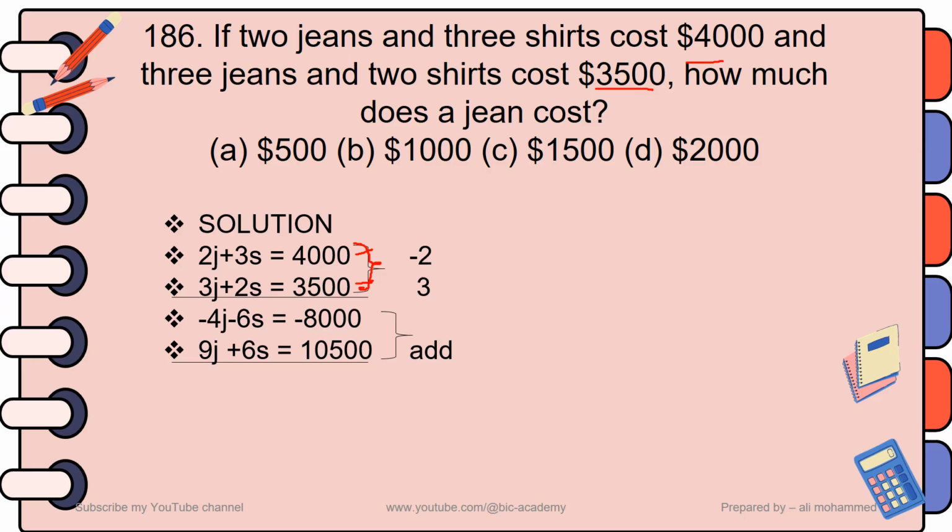10,500. Now add these two equations together. Minus 4J plus 9J is equal to 5J, and minus 6S is cancelled out by 6S, and which is equal to 10,500 minus 8,000, which is 2,500.